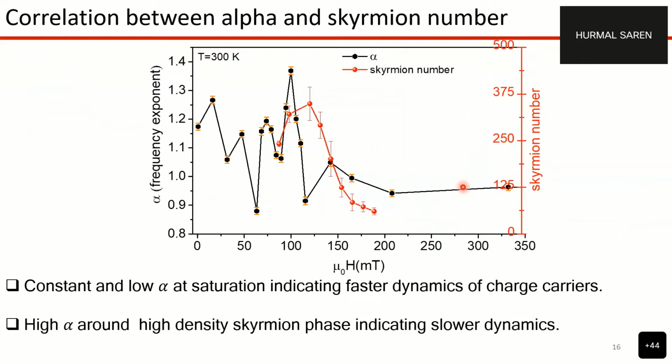At high field where there is no skyrmion, you see a constant at a low value of alpha, which means that the charge carriers are becoming faster. Around these phases, where the skyrmion density is maximum, we see a high value of alpha, which means slower dynamics of charge carriers.